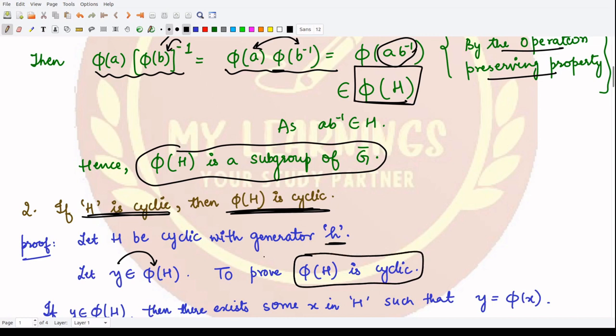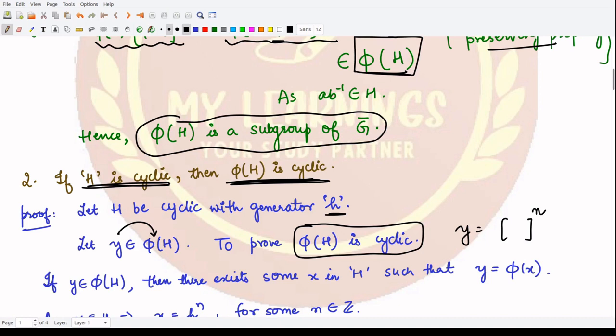So we want to prove that we are able to write y as some power n of some member, correct? So here we consider y from this subset phi of H, which is also a subgroup.